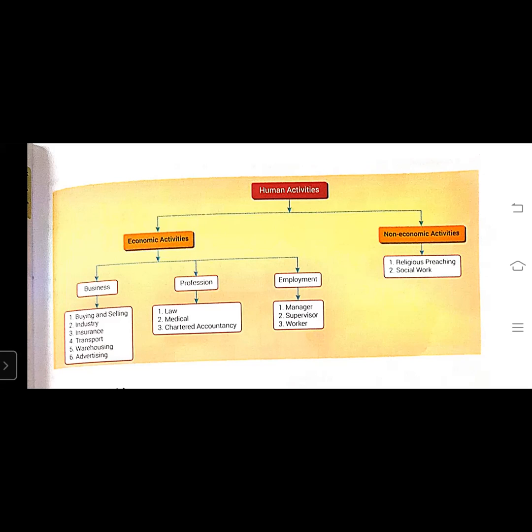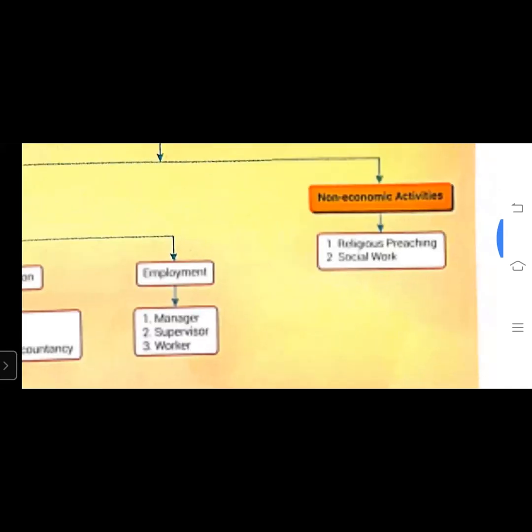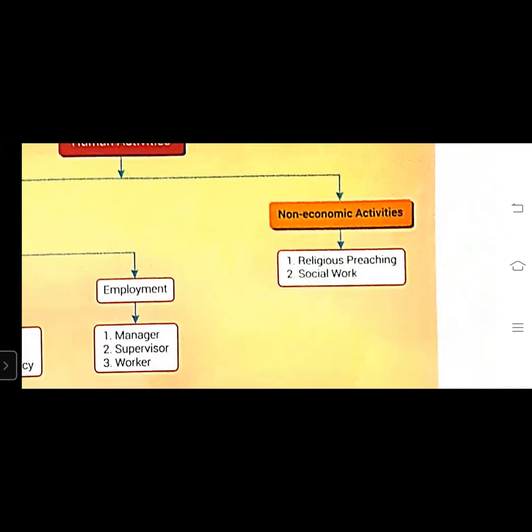And the second one is the non-economic activity. Non-economic activity refers to those activities which are undertaken to satisfy social, psychological and emotional needs. For example, a mother cooking food for your family, and a teacher teaching his own son or daughter.